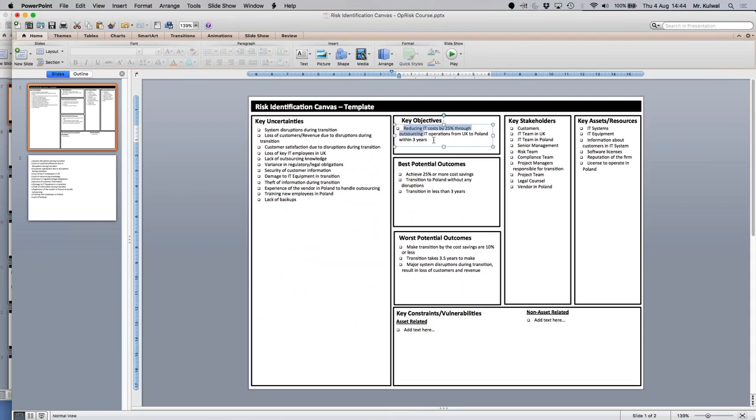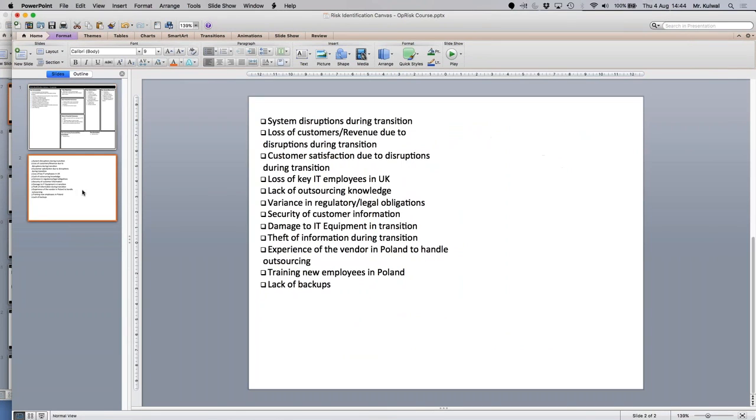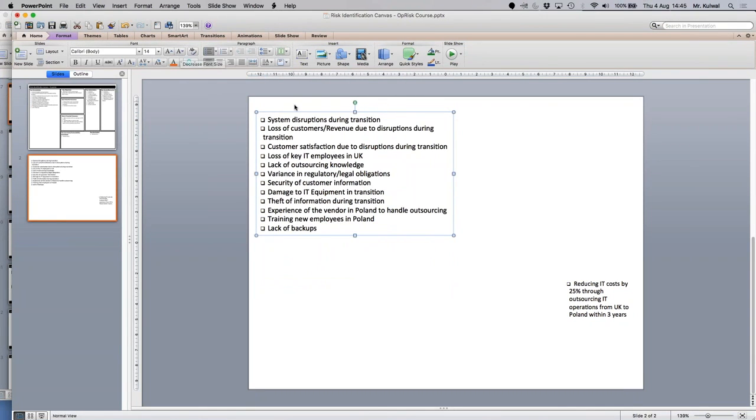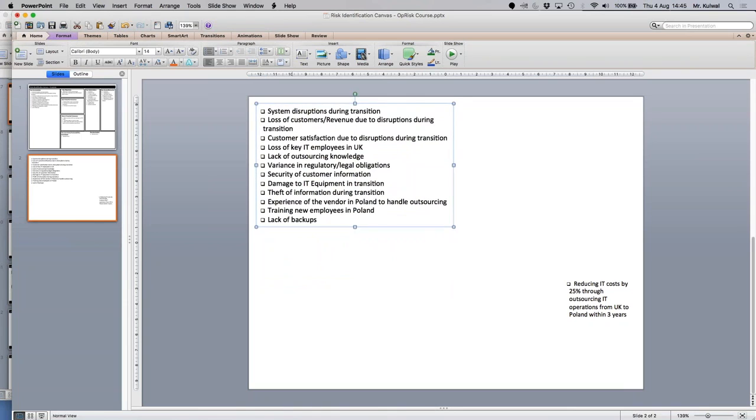Okay, so what we want to identify here is we will always keep the objective. So let's take the objective, and we will sort of put it on the right-hand side somewhere. Let me just reduce the font a little bit. And now what we need to do is identify which of these uncertainties are actually consequences which will influence that objective.